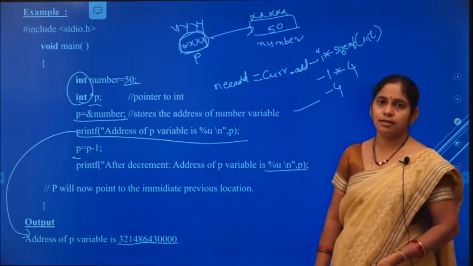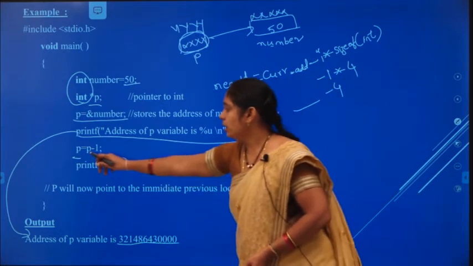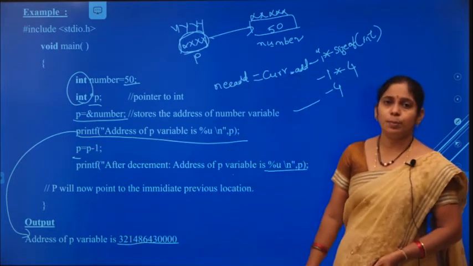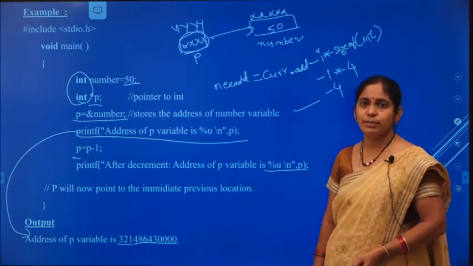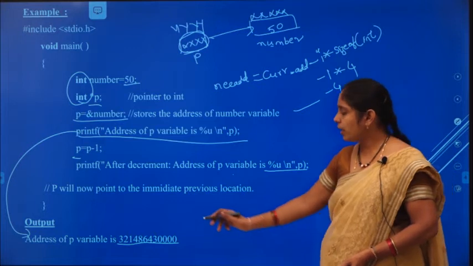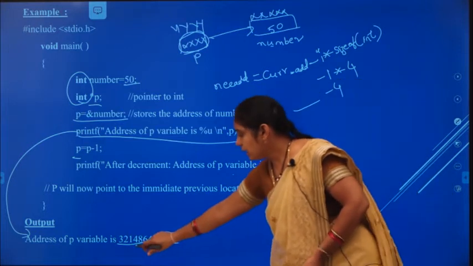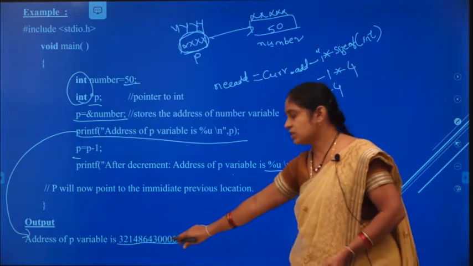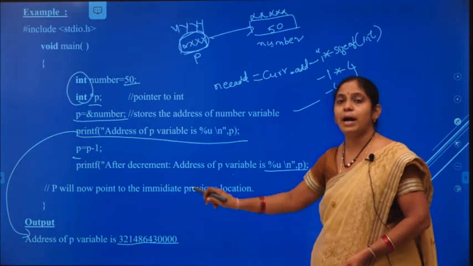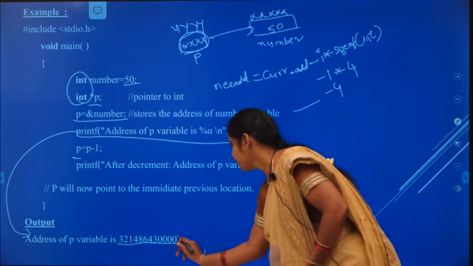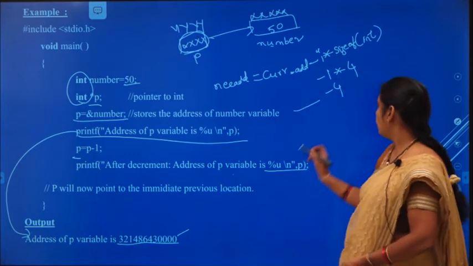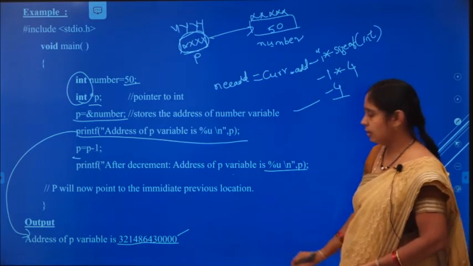And then p equals p minus 1 is performed, the decrement operation. So what is p? 321486430000 minus how much? 4.